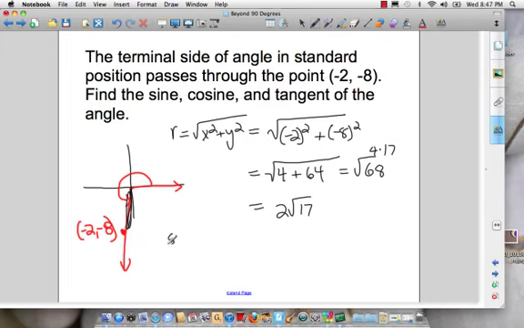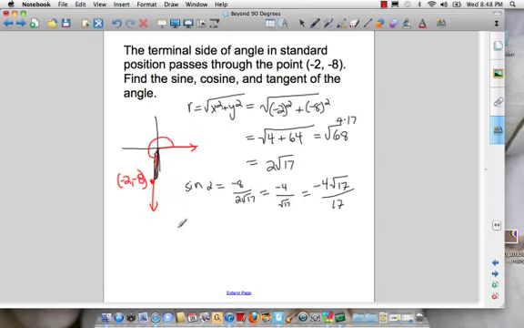Now, the sine of the indicated angle is the y coordinate, -8, over 2 root 17. And I'm going to clean that up by dividing out the numerator and denominator by 2, and I get -4 over root 17. And if I rationalize the denominator, I would get -4 root 17 over 17.